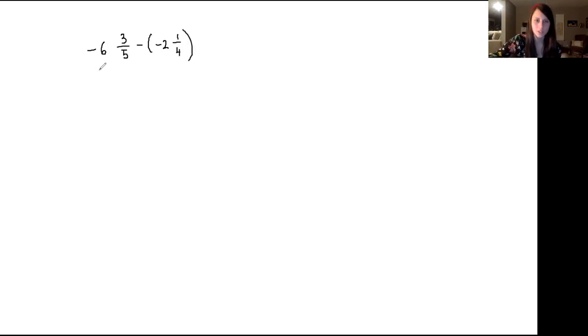So first step is to find my common denominator. Negative 6 and I think 20 would work. So this I have to multiply by 4, 12 out of 20 minus negative 2 and 5 out of 20.